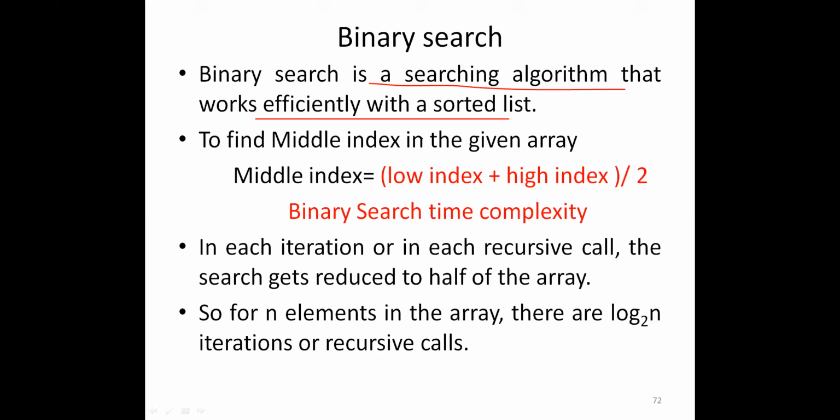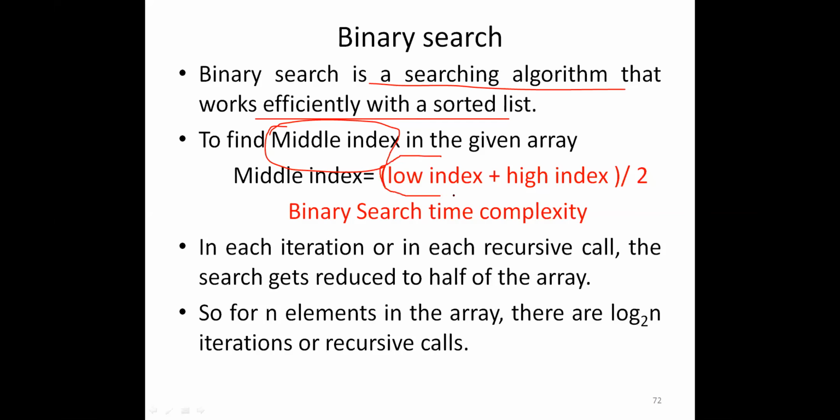So what is the logic in searching? What is the technique? We are going to find the middle index in the given array. For example, say there are 10 elements in the array. What is the formula?